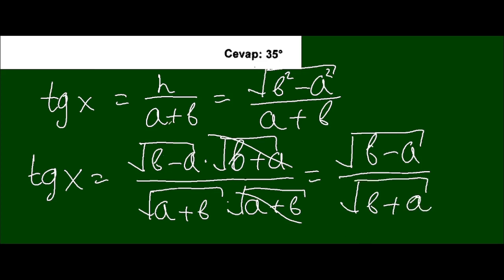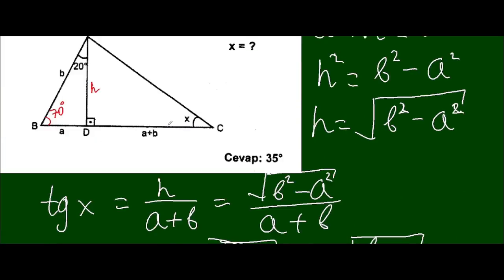And the next step is to write down here in this triangle ABD, we can write down that sine, if I'm not mistaken, no, cosine. In red, we will write cosine 70 degrees equals a over b.